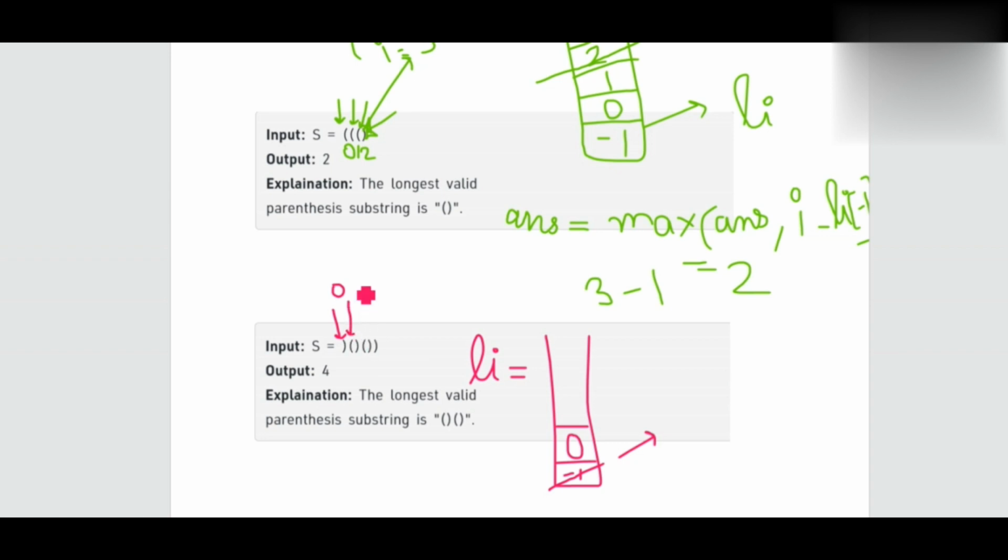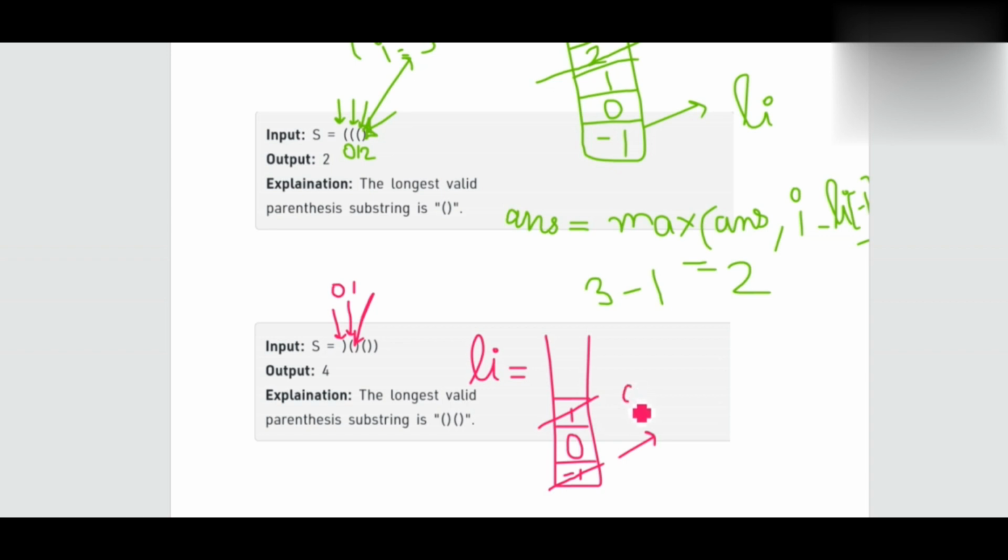Now check this. This is an opening brace, so we will simply insert its index. Now this is a closing brace, so we will pop this, and we will check if the length of li is 0. No, it is not 0.